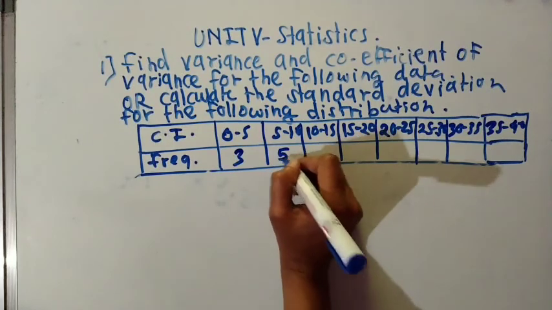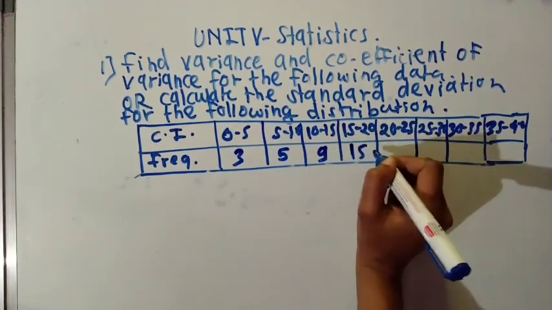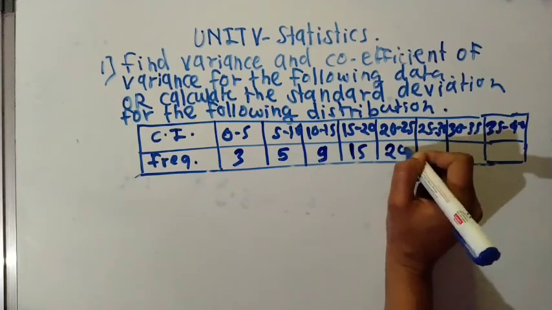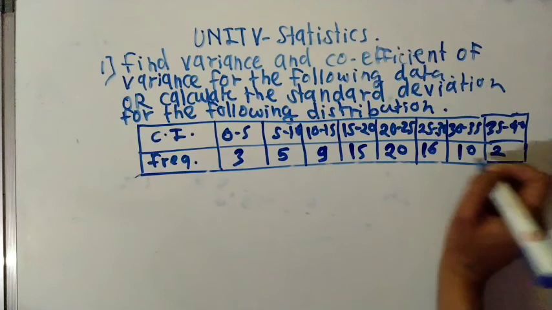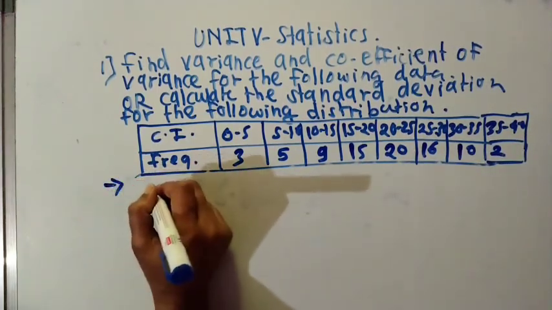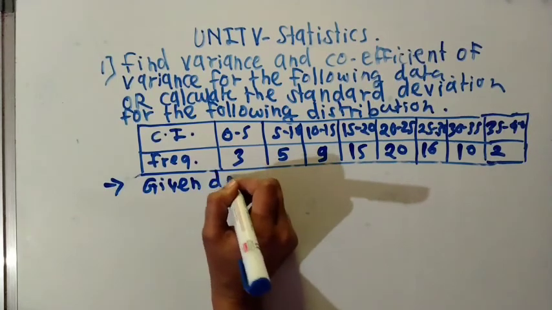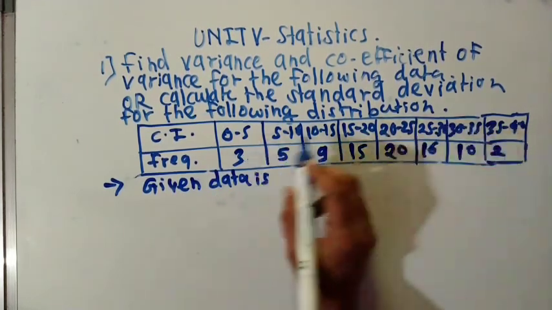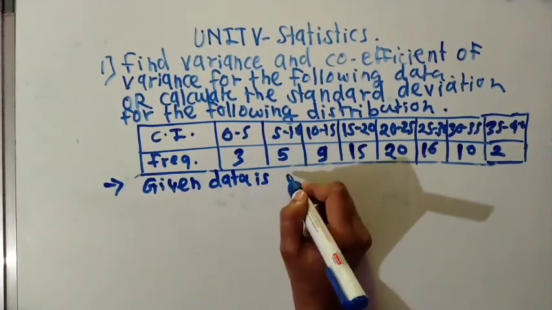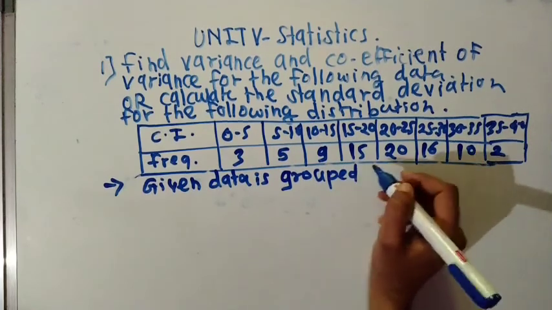Then frequencies 3, 5, 9, 15, 20, 16, 10 and 2. This given data is grouped, 0 to 5, 5 to 10, a grouped frequency distribution.